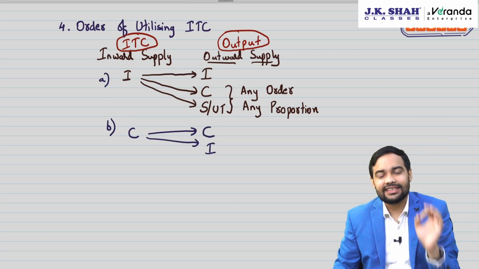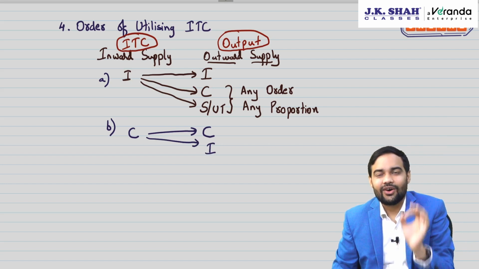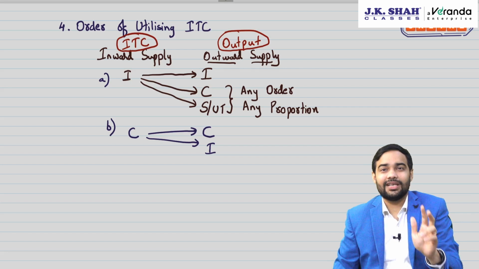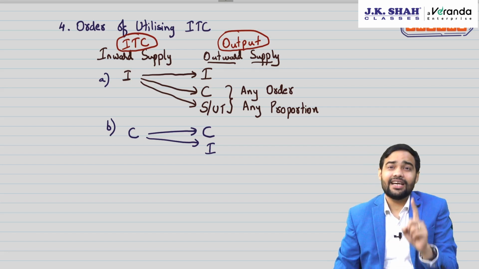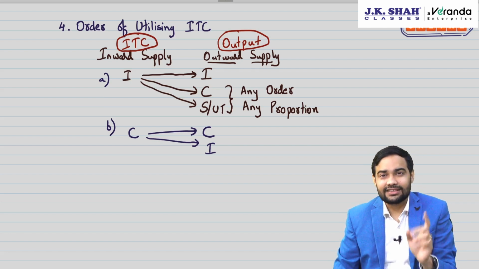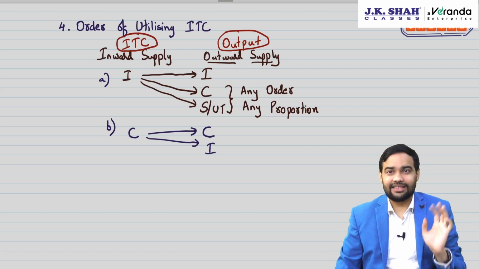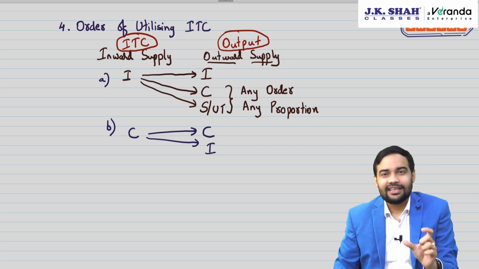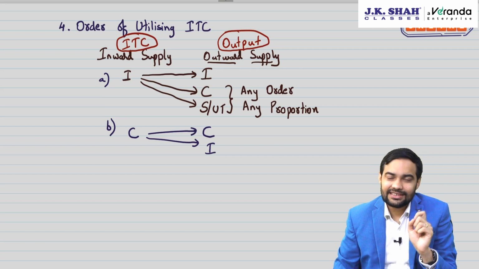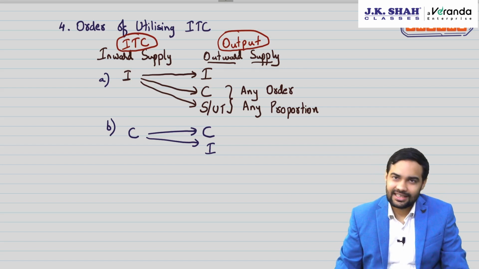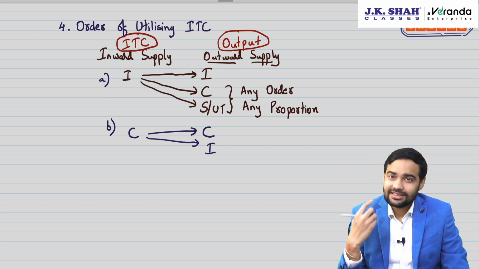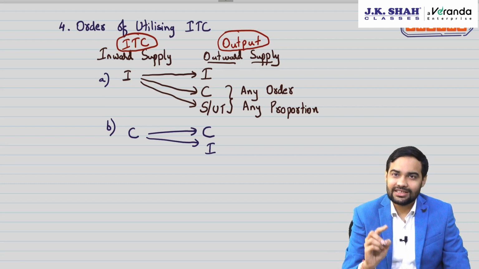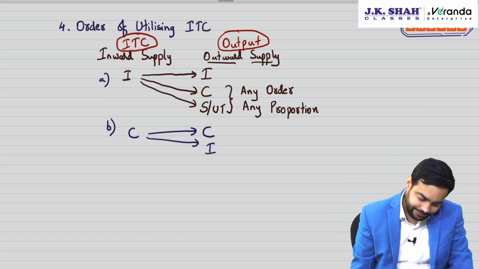Never utilize C with S or S with C, because we don't want a fight between the central government and state government relating to sharing or utilization of taxes. That's why the government has been very clear that C cannot be utilized against S, and S cannot be utilized against C. And whenever we say S, the reference to S will also include UTGST.